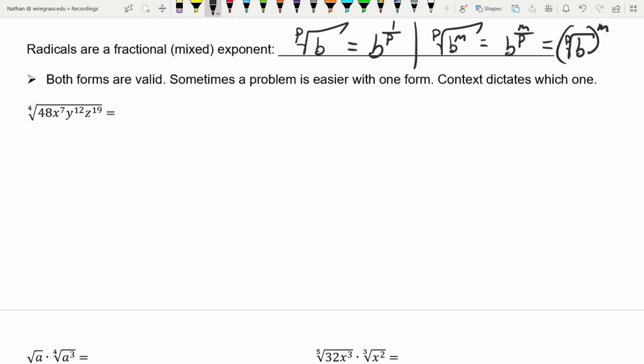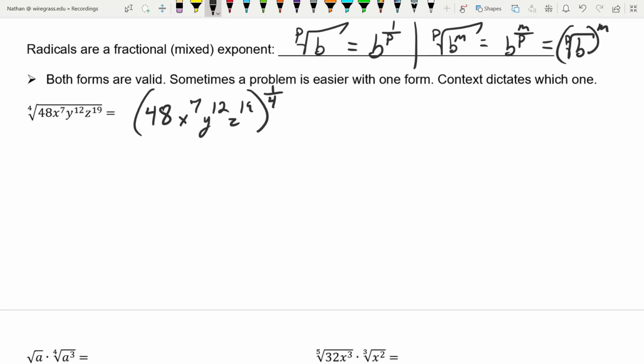Okay, let's actually look at this one. Let's rewrite this as a power on the whole thing. It's the 4th root, so it's going to be the 1/4 power.